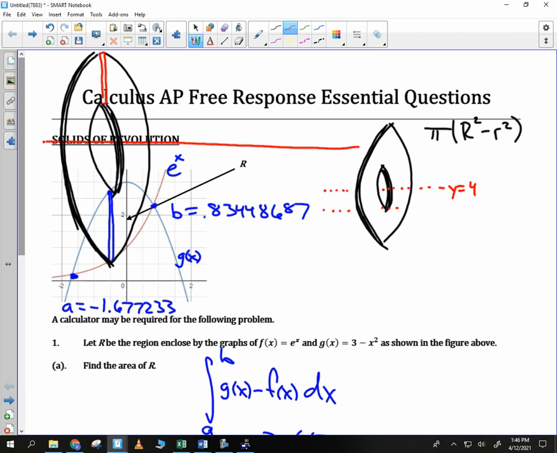I'm going to mark the bottom part here as that's where the rotation happens. Okay, I'm rotating this section. What makes this part of the washer? Three minus x squared or g of x. Good. What makes the bottom part of the washer? F of x.